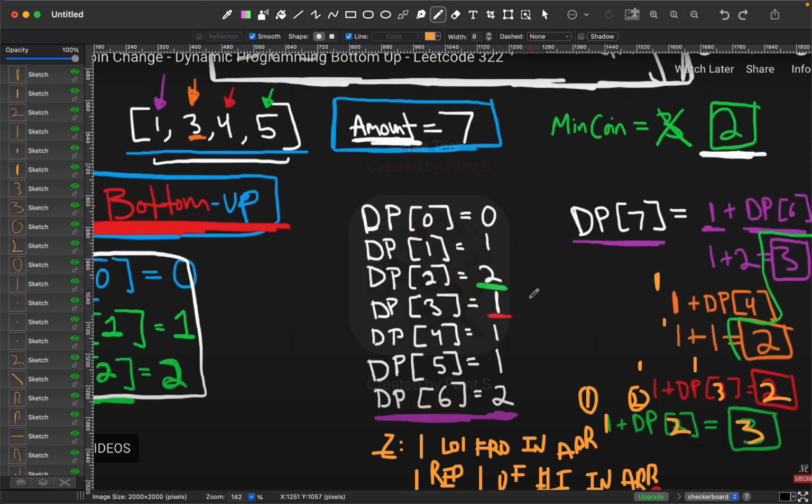You need plus 4, so DP of 4. And DP of 4 requires how many coins? It requires 1 coin. So therefore, 1 plus 1 equals 2 coins.